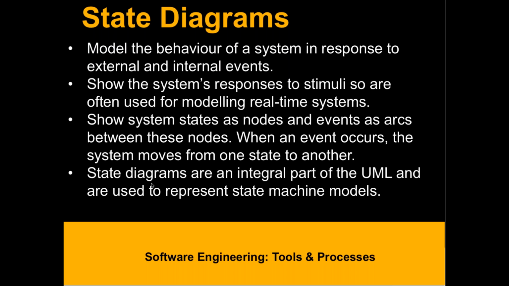Typically, when you have a real-time system, that's when you're likely to have those kinds of objects. And the notation of the diagram itself basically uses nodes as states, and then the events, triggers, or stimuli are edges or arcs drawn between nodes. And I'll show you an example in a bit.